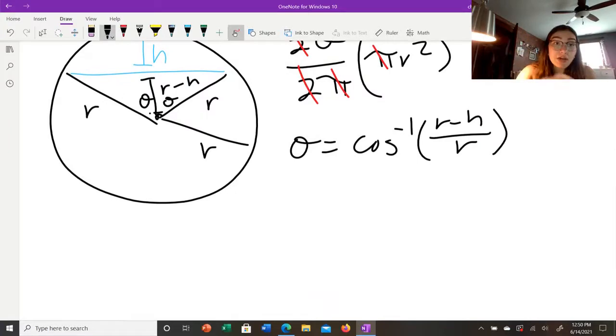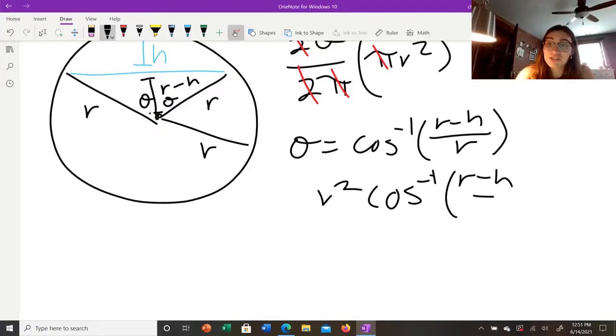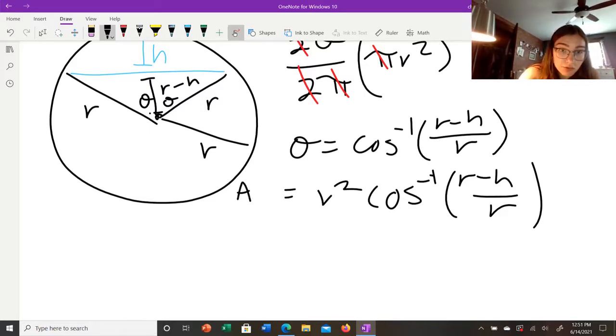So the area of the circular sector is r squared times theta, which is what we just found, which is the arc cosine of (r minus h) over r. So this is the area of the circular sector. We'll call that CS.